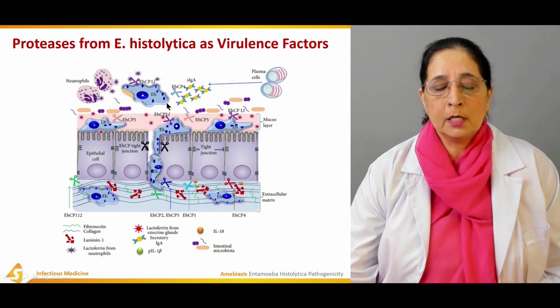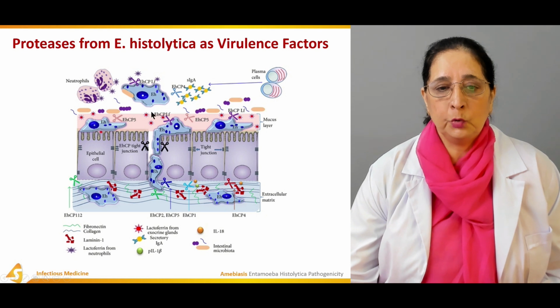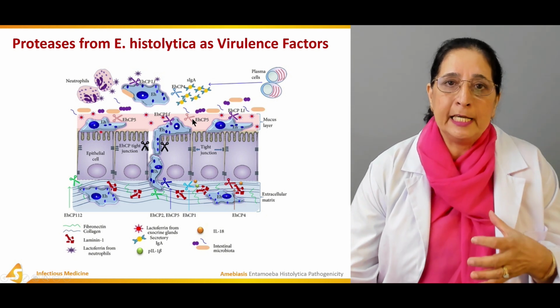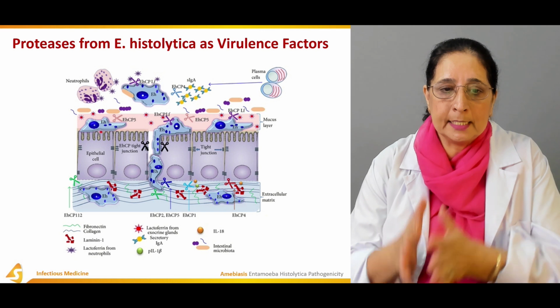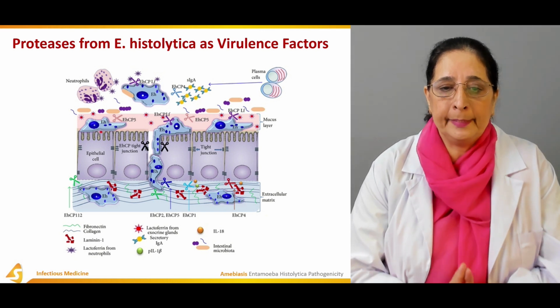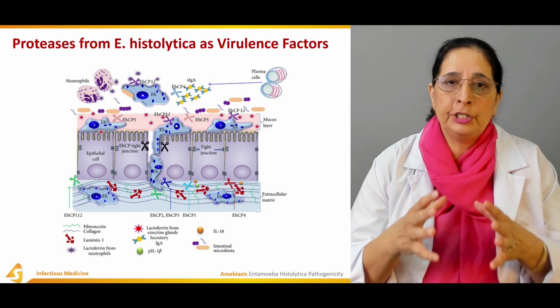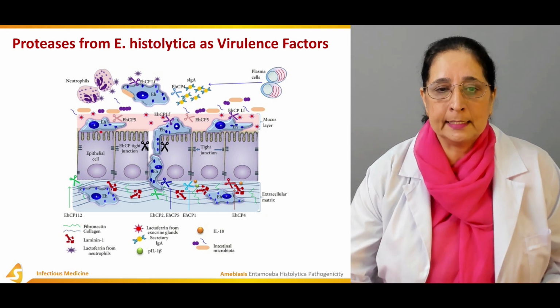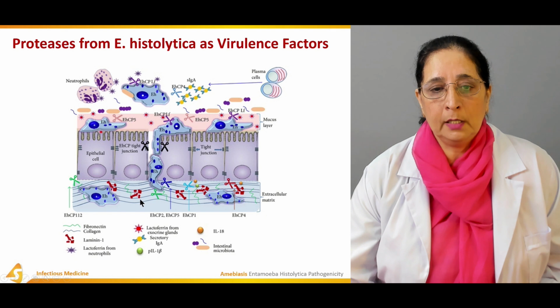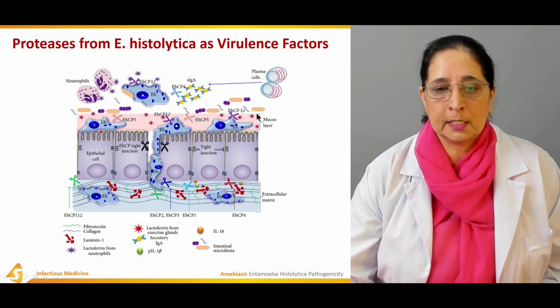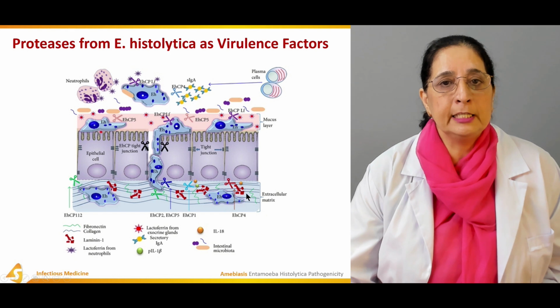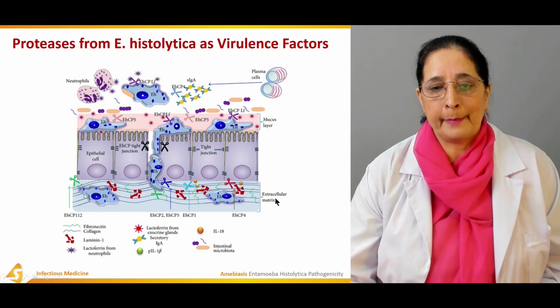They can cause invasion of the tissue, breaking the tight junctions between the epithelial cells. Once the junctions between the epithelial cells are broken, all these inflammatory processes or cells enter the epithelial cells and can reach the extracellular matrix.